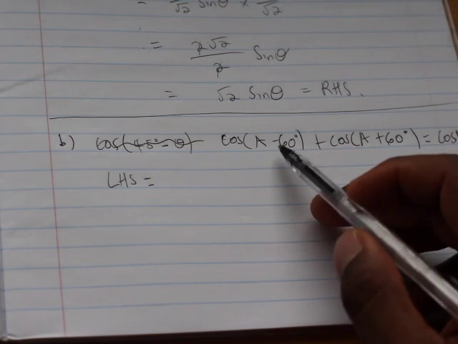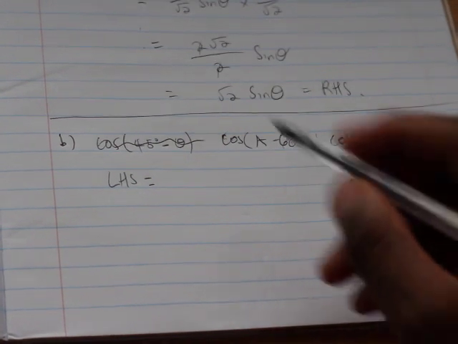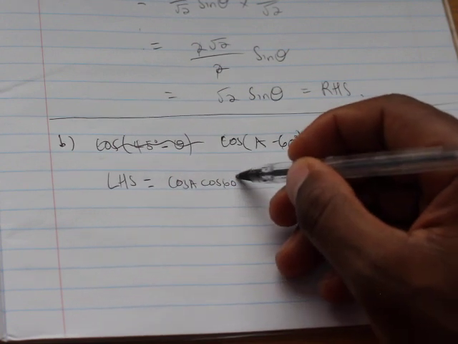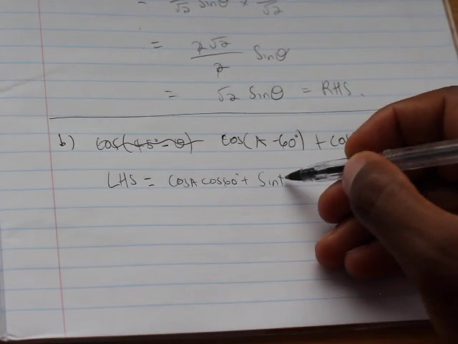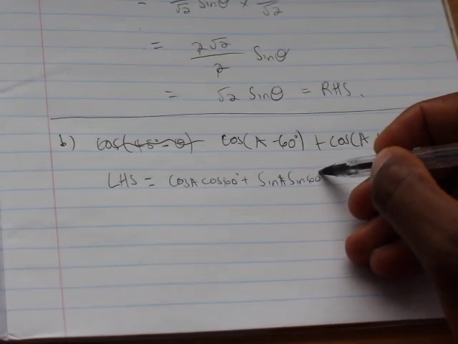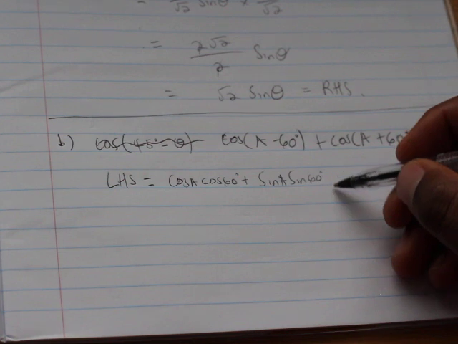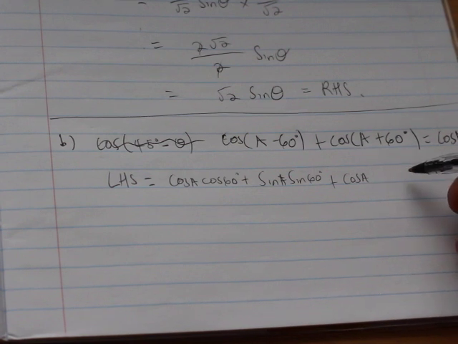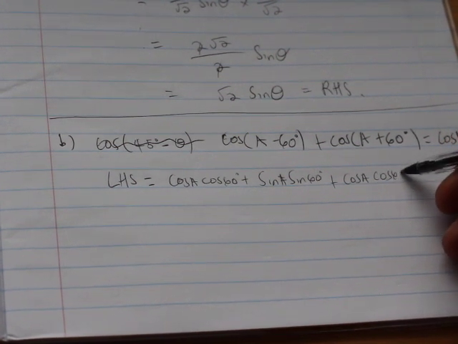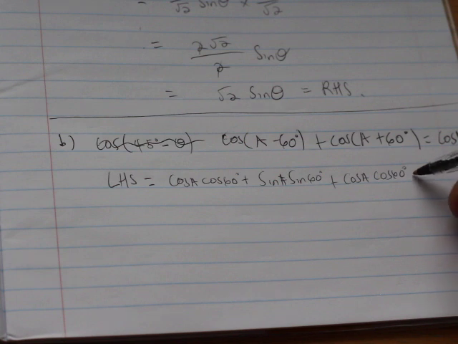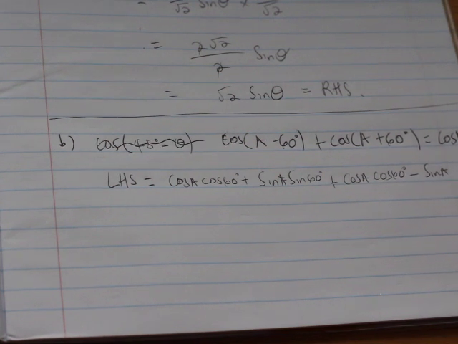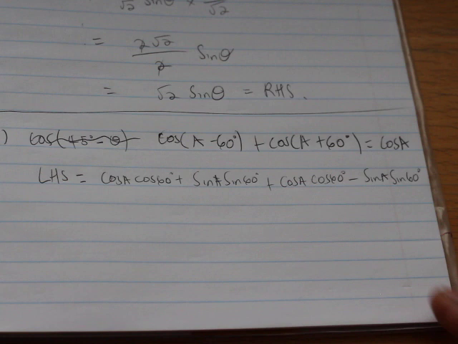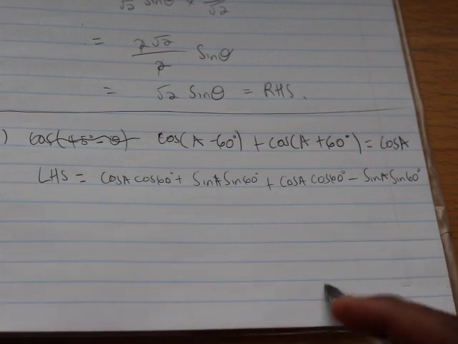So A minus 60 degrees is going to be cos A cos 60 degrees plus sine A sine 60 degrees, and then we are going to say plus cos A cos 60 degrees and minus sine A sine 60 degrees.